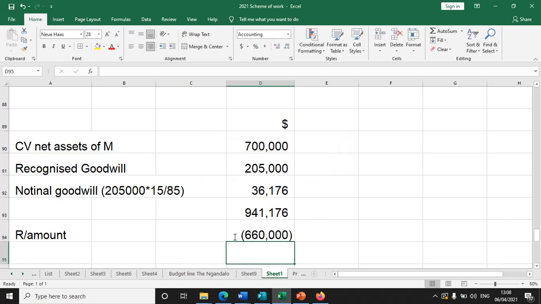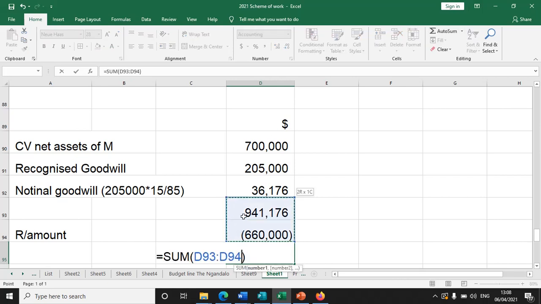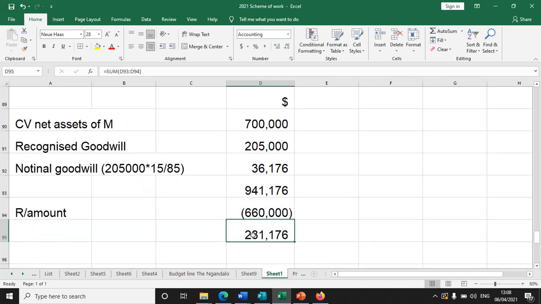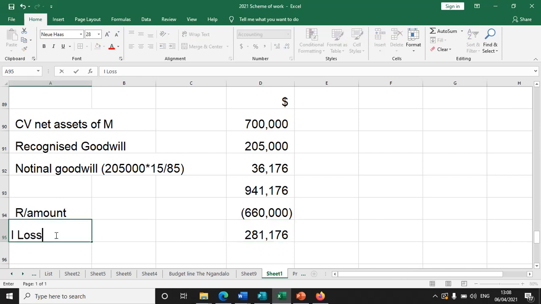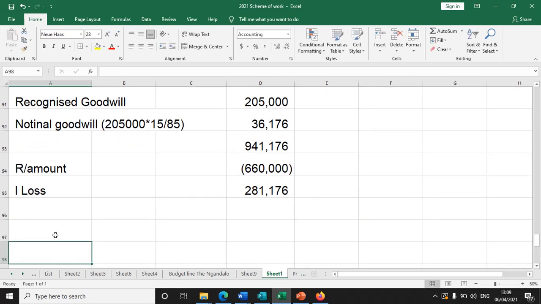With that there, let's list the amounts so we can get our figure. So the impairment loss is 281,176.